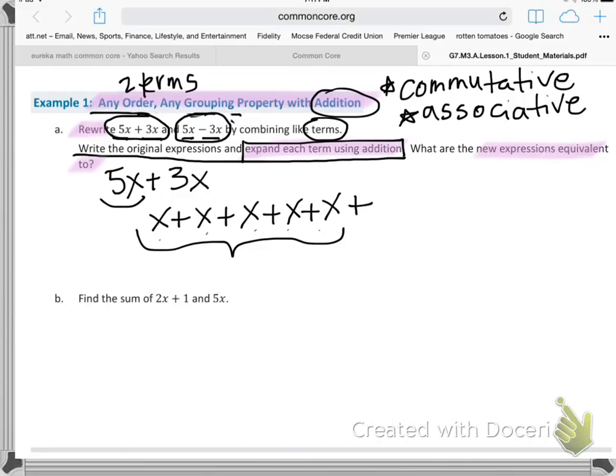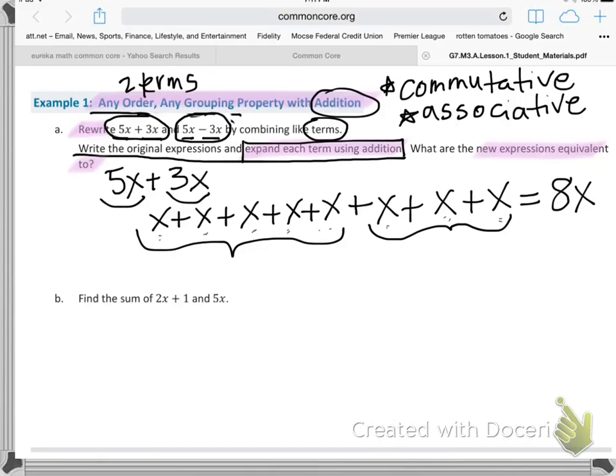And then plus x plus x plus x. This is our 3x right there, 1, 2, 3 x's. If you add all those up, 1, 2, 3, 4, 5, 6, 7, 8, all of that equals 8x.